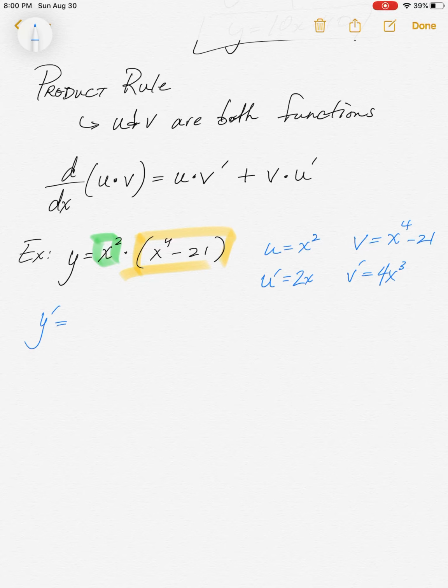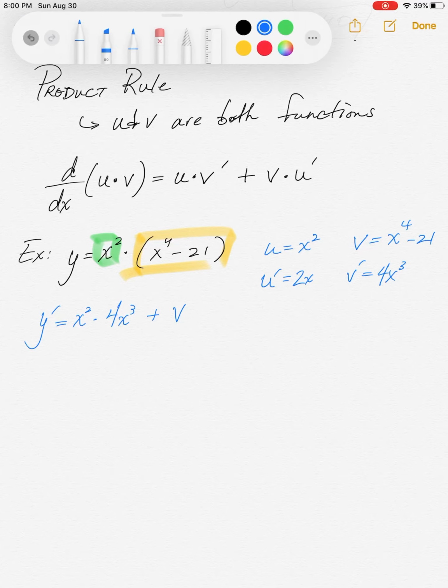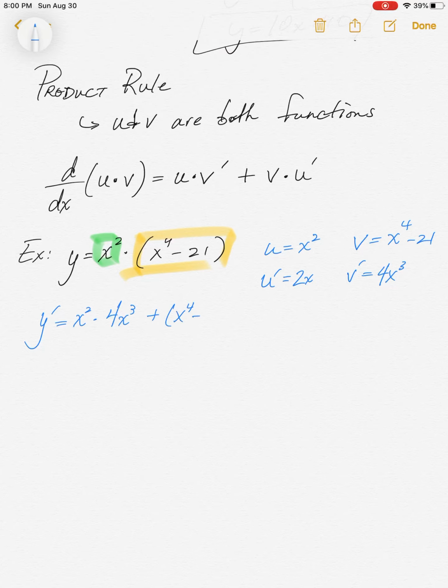So y prime is u, that's x squared, times the derivative of v, 4x cubed, plus v, x to the fourth minus 21, times the derivative of u, 2x.